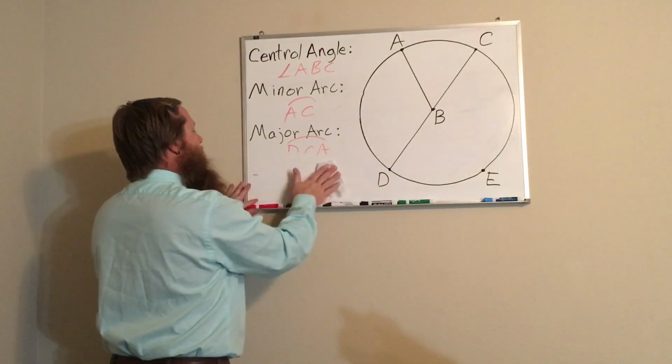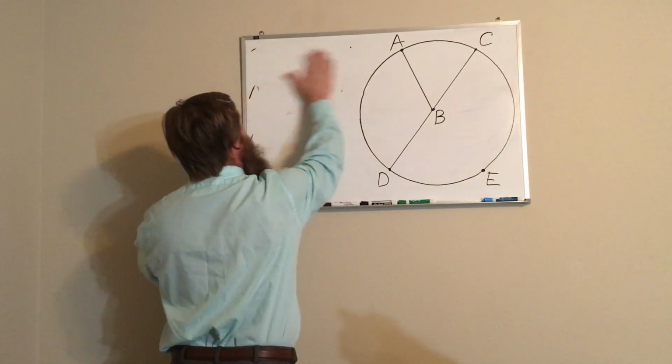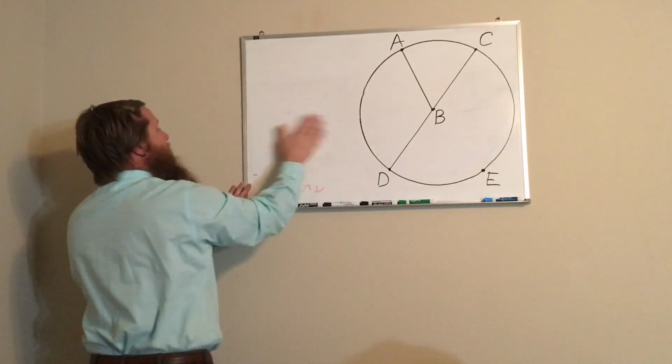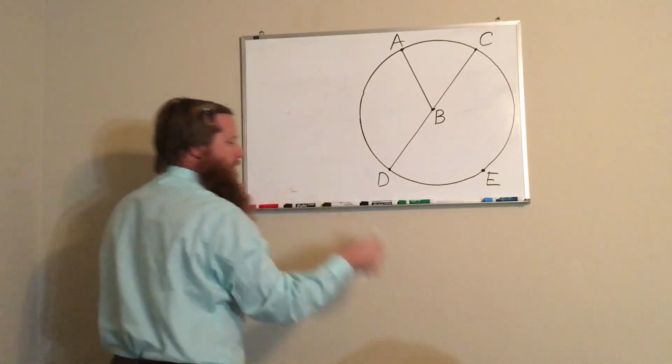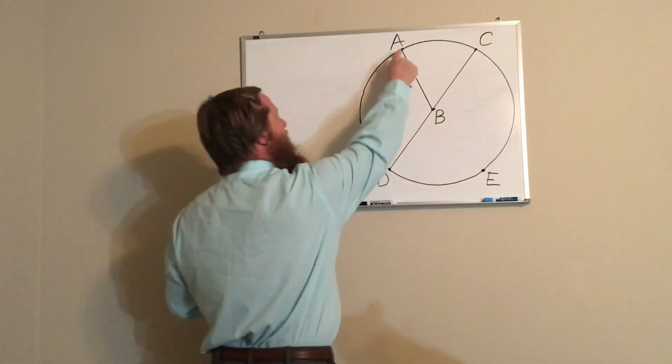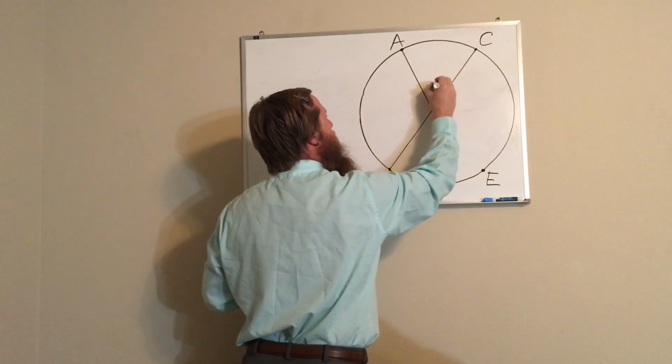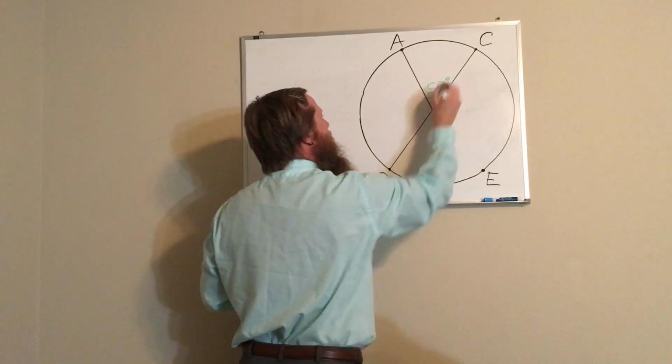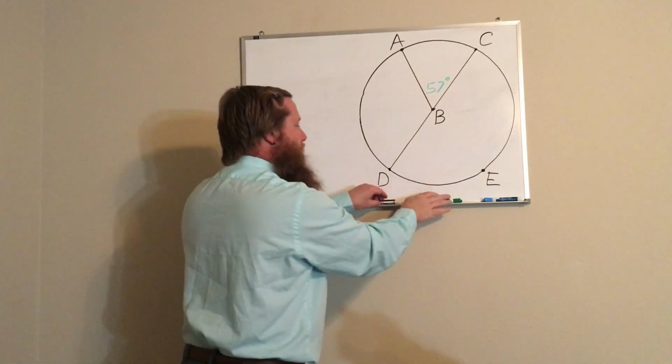So let's go ahead and include some values on this circle. For example, let's call angle ABC 57 degrees.